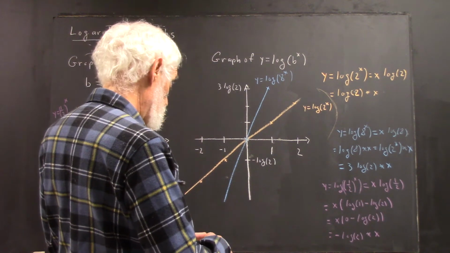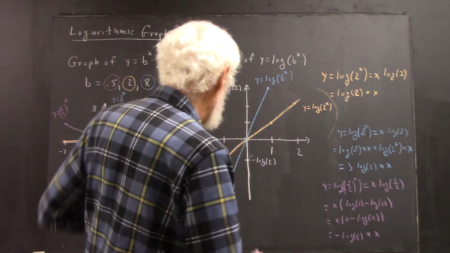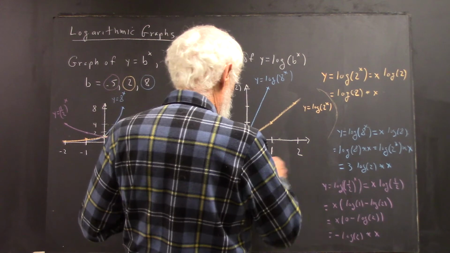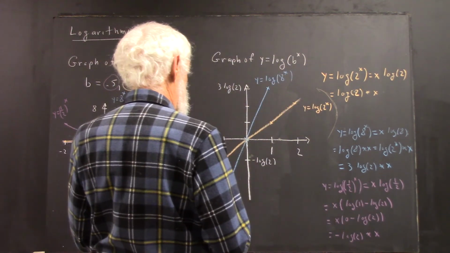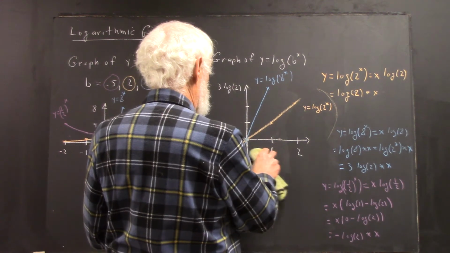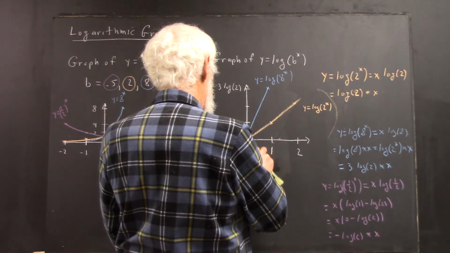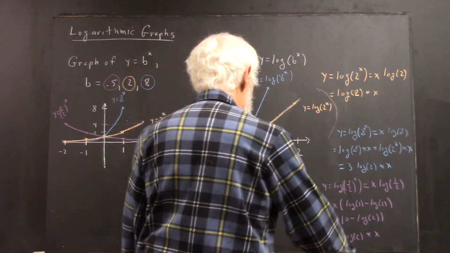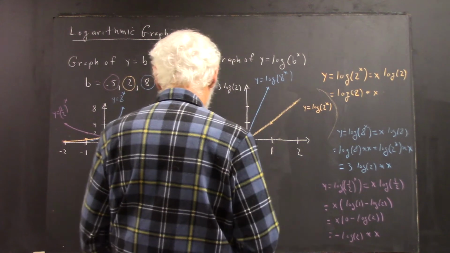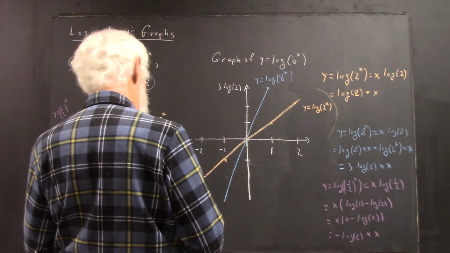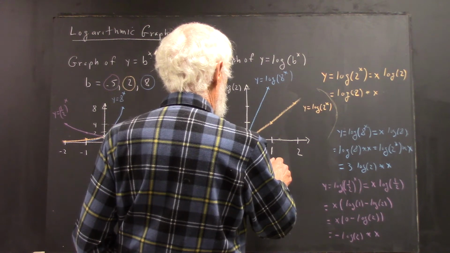That's what we get when x is 1, but I just labeled it right over the point where I want to label this thing, so I better get rid of that as best I can. So I can draw the point. Okay, well, when x equals 1, y is negative log of 2.